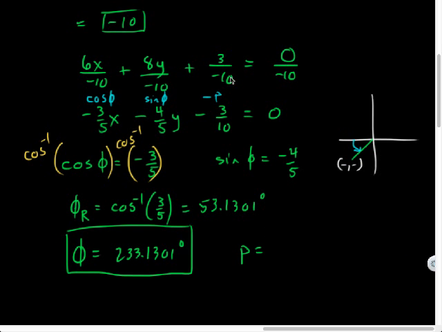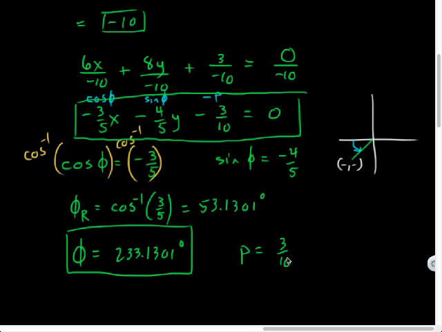Don't you have to find it for sine too? Well, they theoretically would equal the same thing. So what's p going to equal? 3/10, or 0.3, sorry. So here's normal form, here's phi, and here's p.